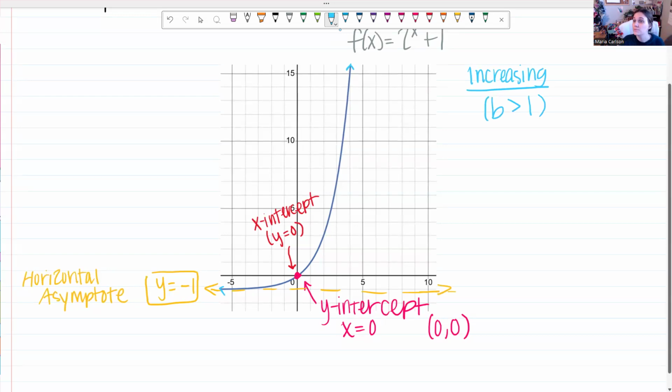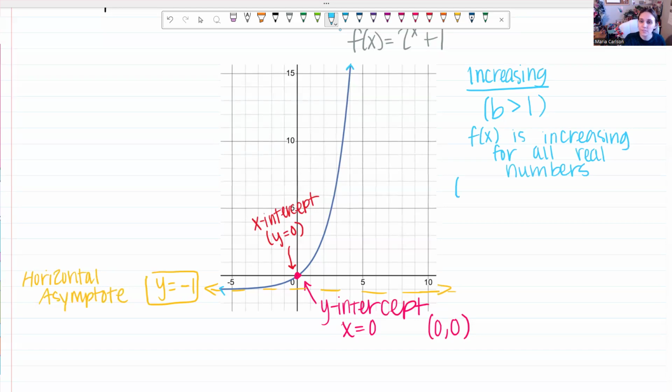The function f of x is increasing for all real numbers, and that's the interval from -infinity to infinity, with parentheses because we can't equal infinity.